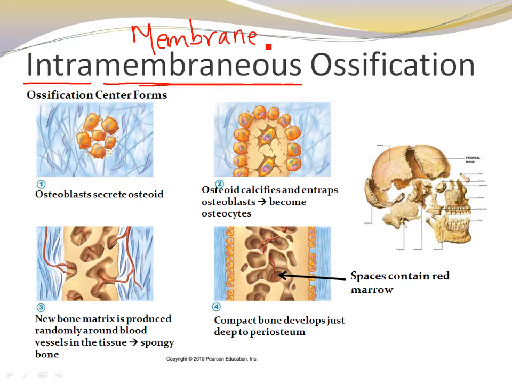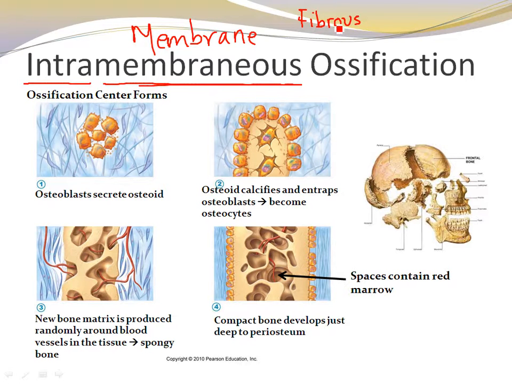In biology, membrane can mean many different things, but it always means a covering or a sheet around something. It can be like just a membrane around a cell, or it can be a membrane that lines a cavity in the body. So here, membrane means a sheet of connective tissue.